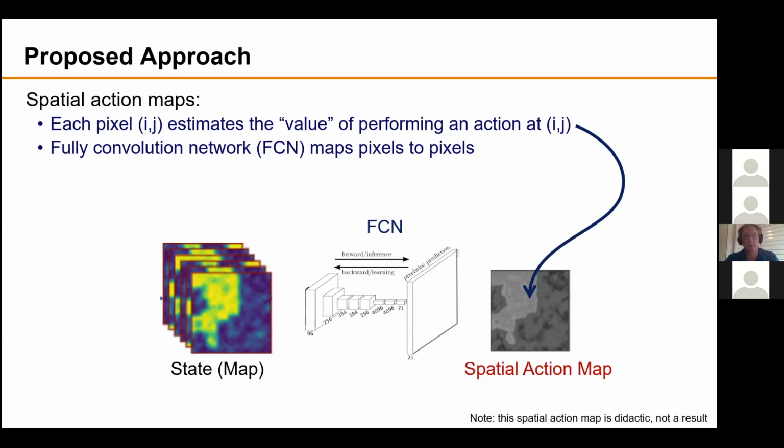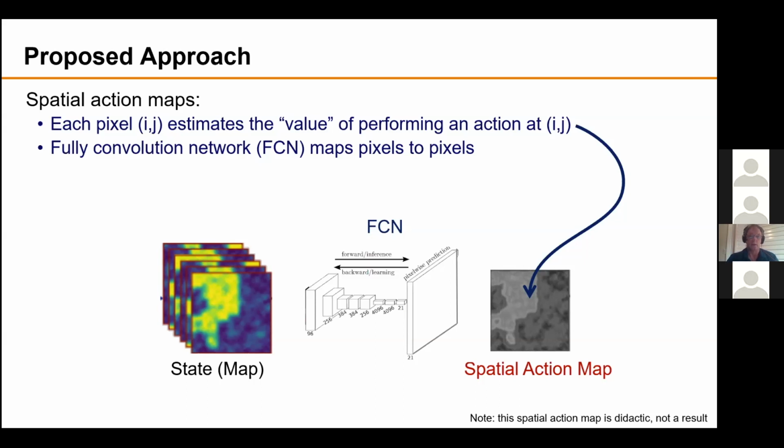So each ij of the spatial action map represents a physical location in space aligned with a map. And the value in that is how good is it to do this particular action there.